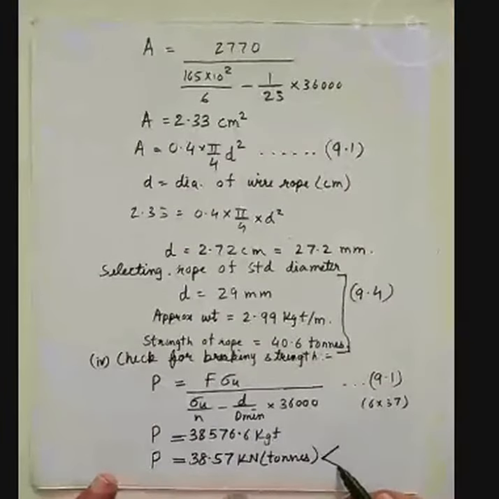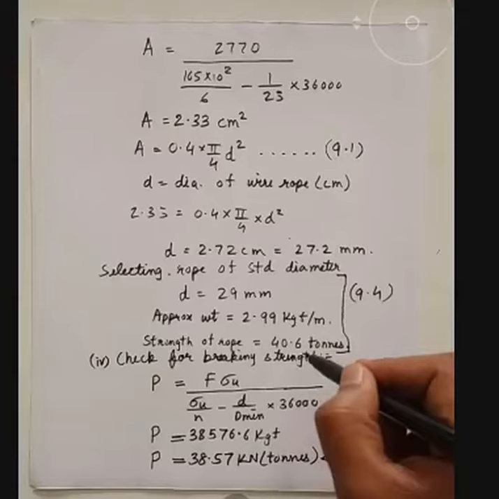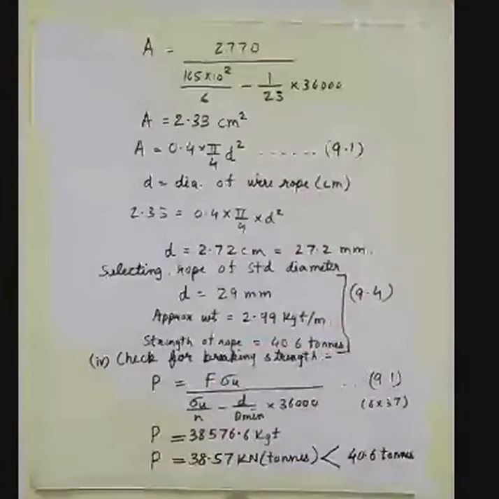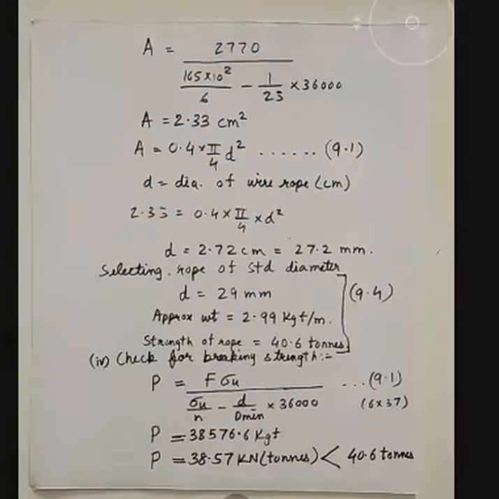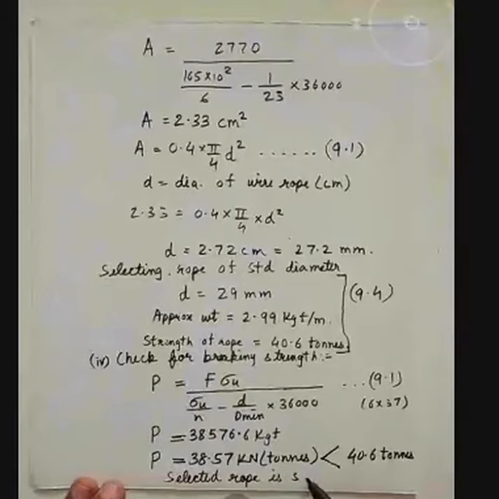Since this value is less than 40.6 tons, the one which we have selected as our strength of rope, that is, the value which we have calculated is less than that. Therefore, the selected rope is safe in breaking strength.